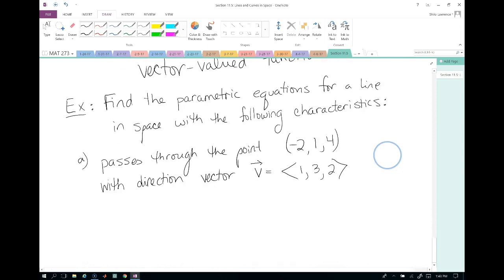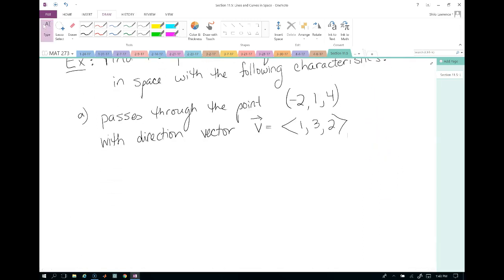So there's really not a lot of work here to do. We're just going to say x is equal to 1t minus 2. So I used my x component and my x coordinate. y is equal to 3t plus 1. z is equal to 2t plus 4.